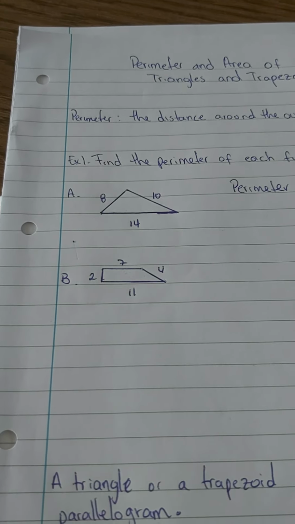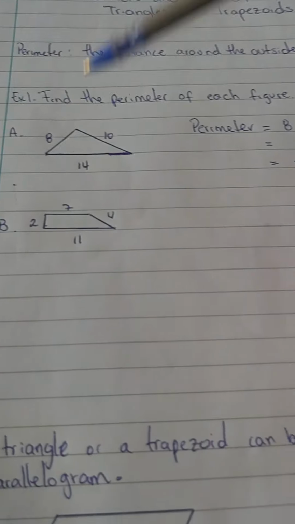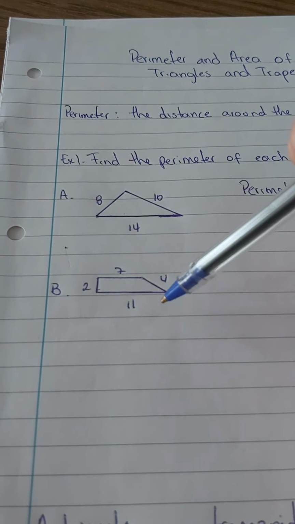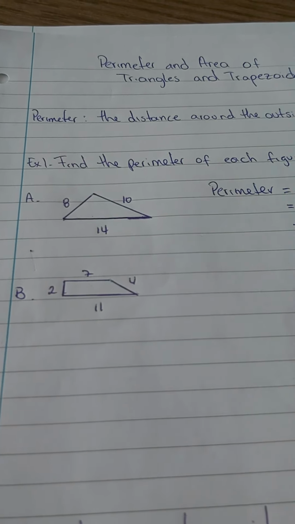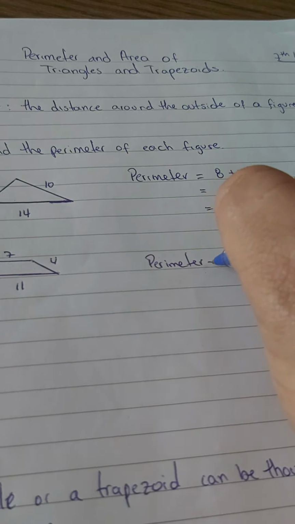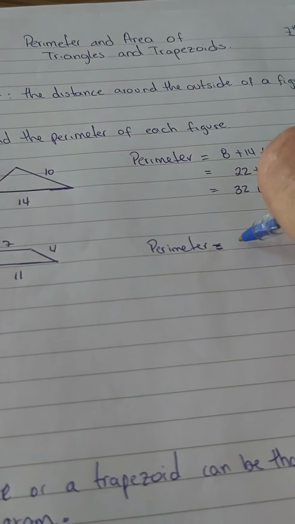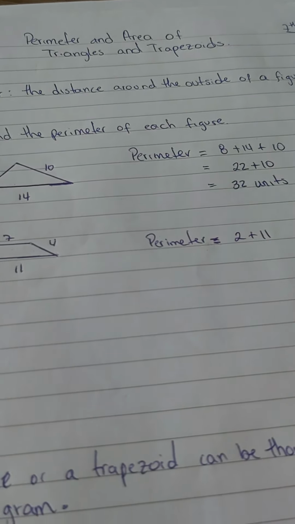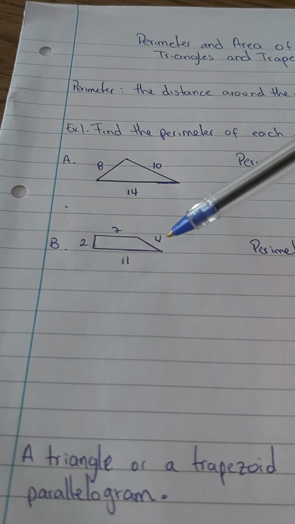Now, for the trapezoid, part B, we have 4 sides, 2, 11, 4, and 7. So perimeter, in this case, will be equal to the sum of 2 plus 11 plus 4 plus 7. Okay, 2, 11, 4, 7.